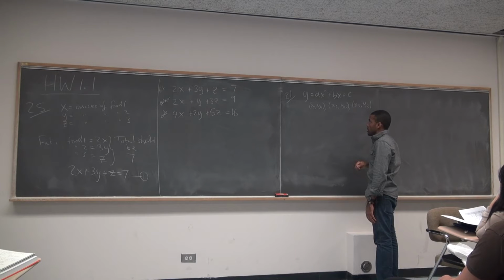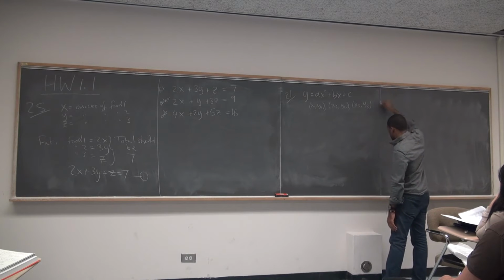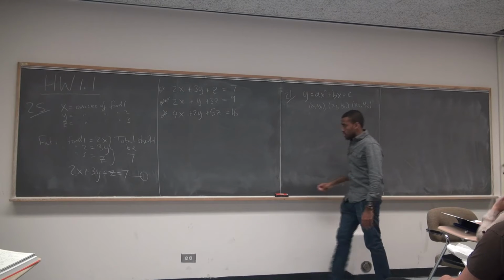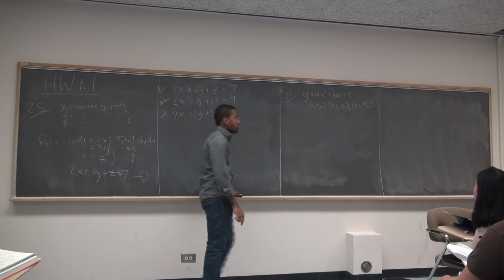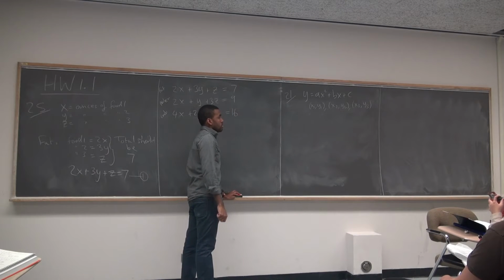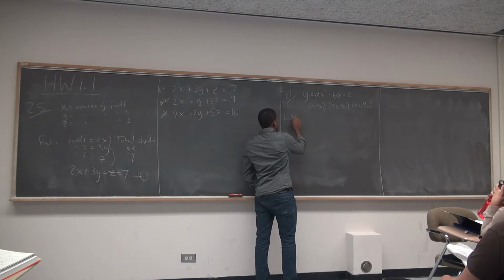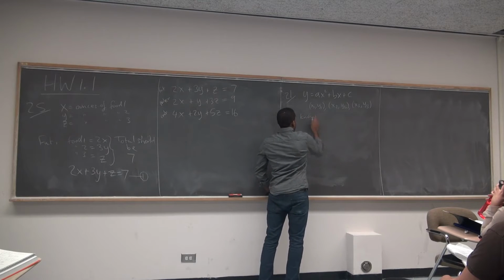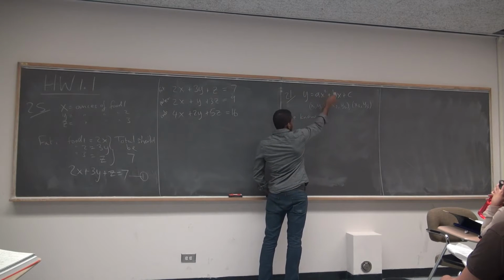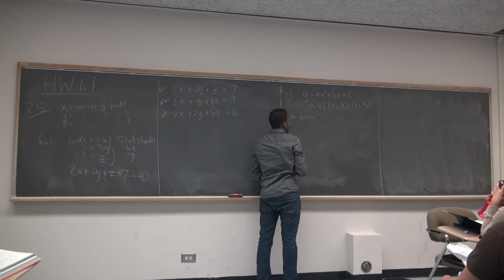Okay. Well, let's say they never told us. How would we find that system or that coefficient matrix anyway? Let's pretend they never told us. What would we do? You plug these points into the equation. We know these things are true. When my x is x1, my y is the value y1.